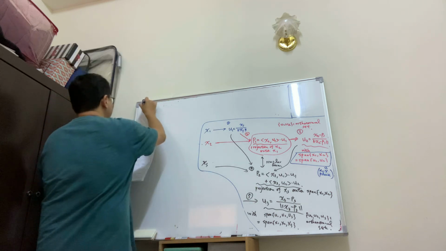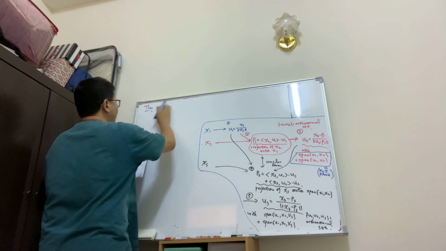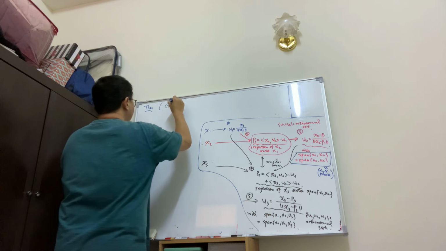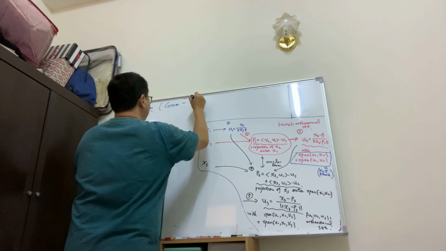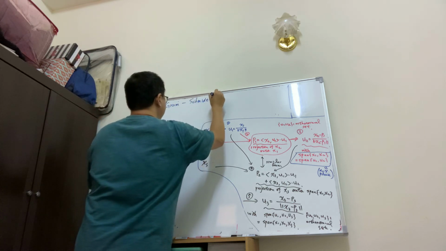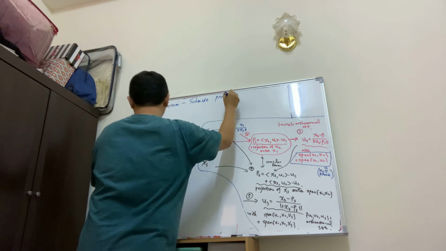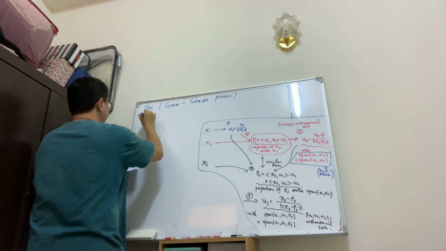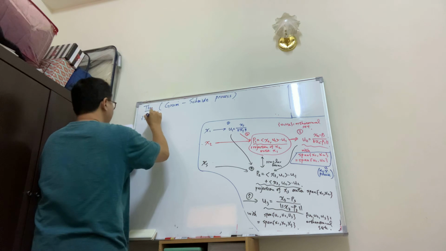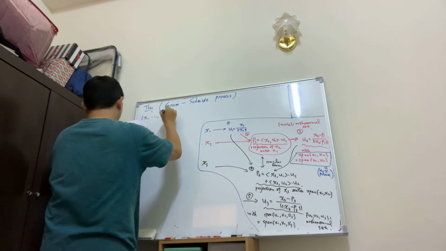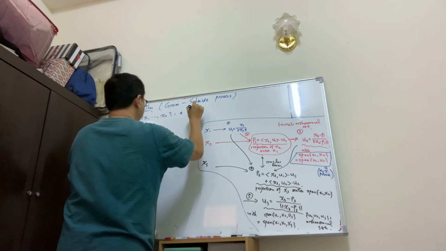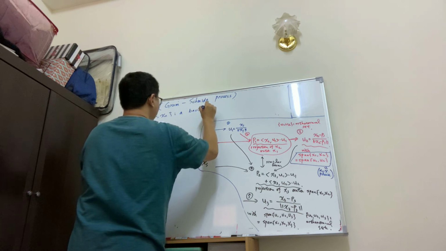So the theory is called Gram-Schmidt, a famous result, the Gram-Schmidt process. It says that we have n vectors that form a basis of Rn.